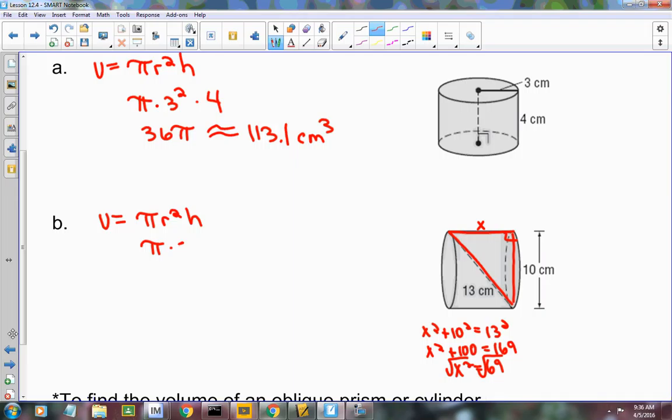So that's pi times 5 squared times the height, which is radical 69. So I can just plug all that into my calculator. Pi times 5 squared is 25 times radical 69, which is 652.4 centimeters cubed, the volume.